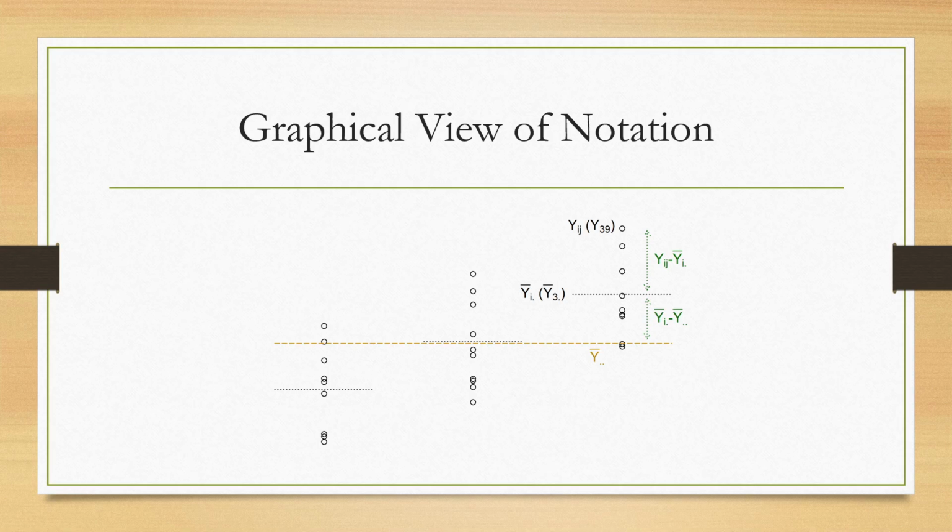Then we had our second component, which was the between groups movement, and that's saying how far is our dotted line from the group to the grand mean. And now we would have one of these for each group. So for the first component, we have one for each dot inside of a single group. And that would be for y sub 3 dot, and then we'd go over to y sub 2 dot, and then do all that again for each dot within the second group. And then we would go to y sub 1 dot and do all that again. So we have for each group this breakdown.